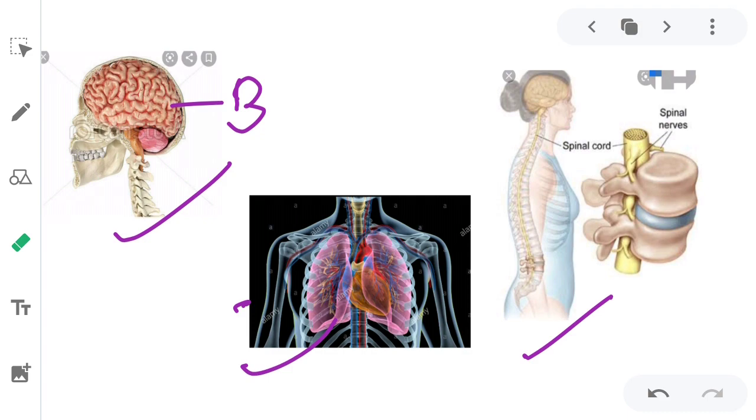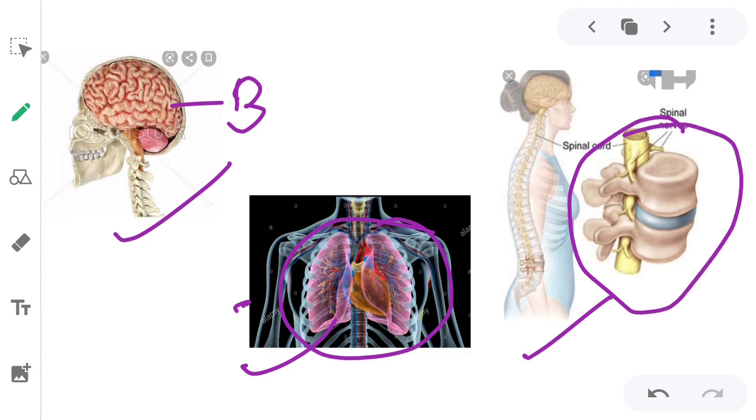So you can see here how the skull is protecting the brain, the rib cage is protecting the heart and lungs, and the vertebral column is protecting the spinal cord.